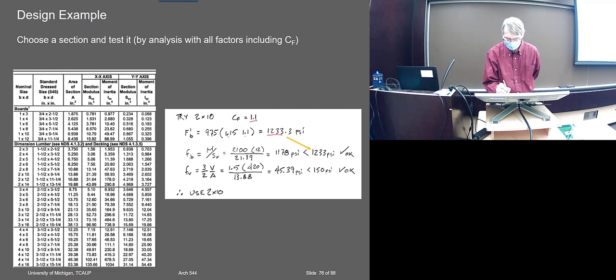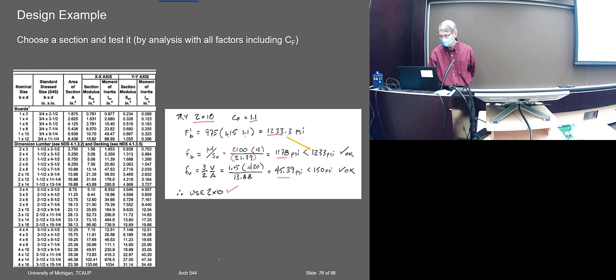My actual, based on the section modulus here for the 2x10, is 11, so it's under the 1233. So that passes. I can use a 2x10. And then you can check the shear. Shear easily passes. So the moral is 2x10 worked.